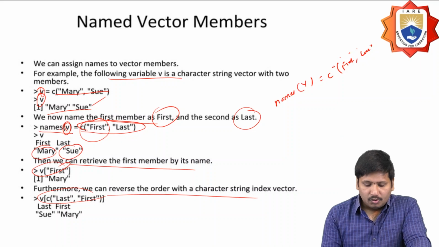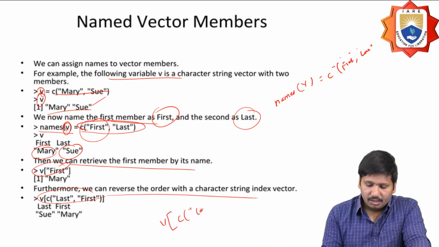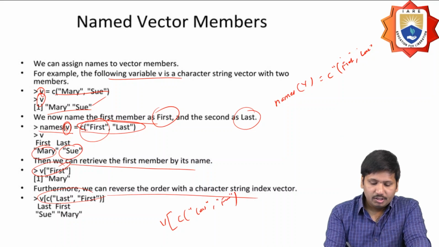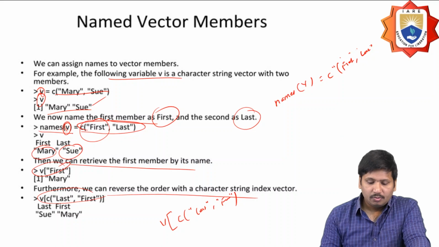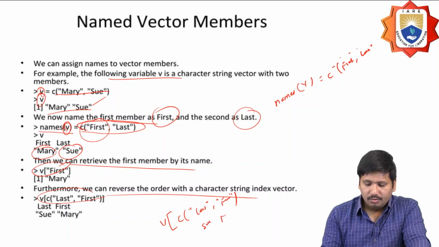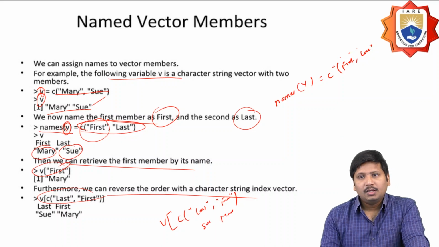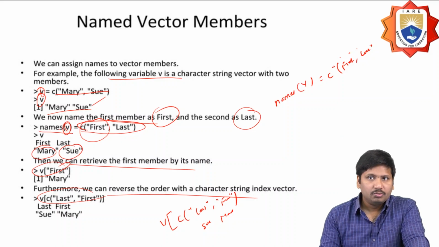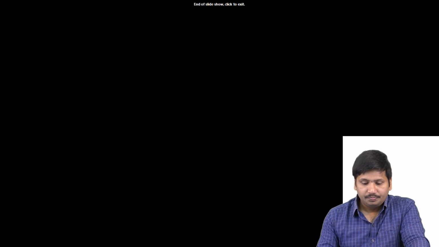So I write c of last and then first. Previously it was first and last, Mary and Sue, but now it changes to Sue and then Mary.